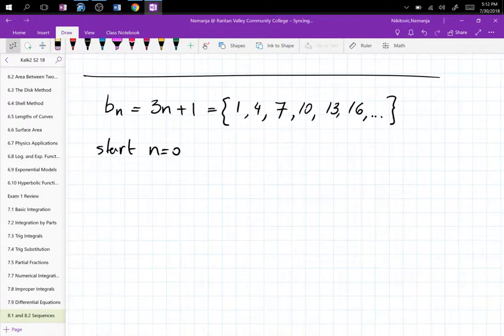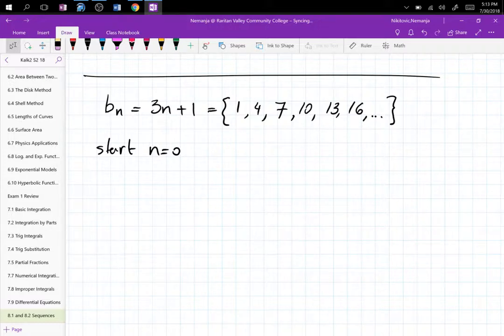All you need to do to write out this sequence is to keep plugging in discrete variables. In our case, the discrete variable, the counting variable, will be n, which is either 0, 1, 2, 3, 4, 5, or 1, 2, 3, 4, 5, and so on.